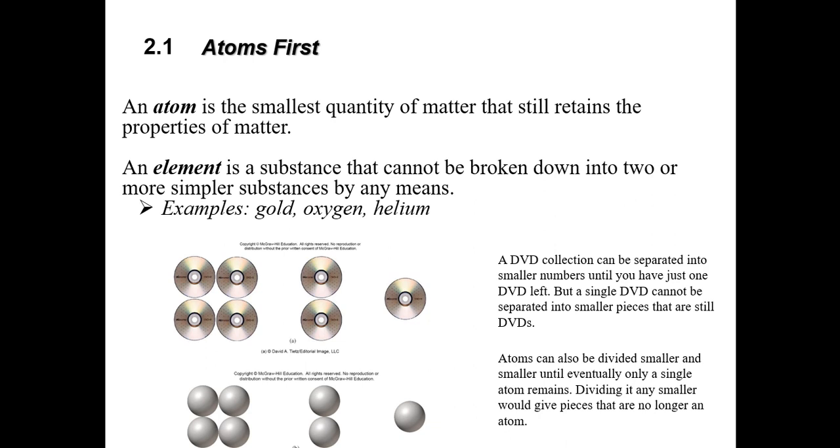Rutherford's nuclear experiment is very important. He took a piece of gold foil. You can think of aluminum foil, very thin gold foil, and he passed alpha particles through it.